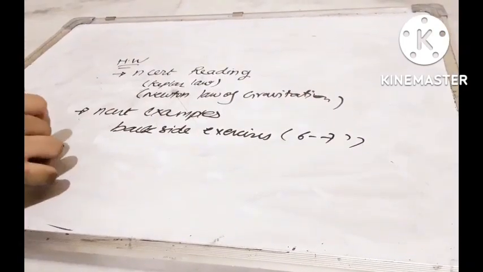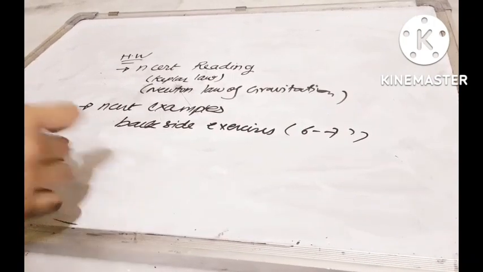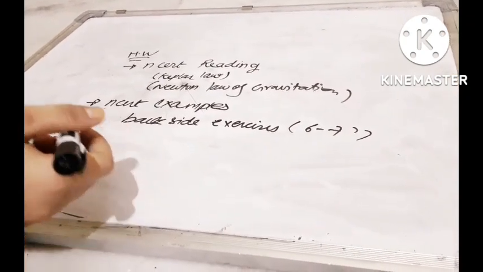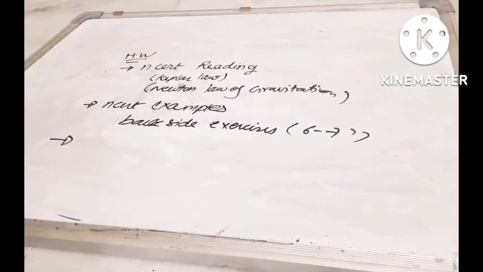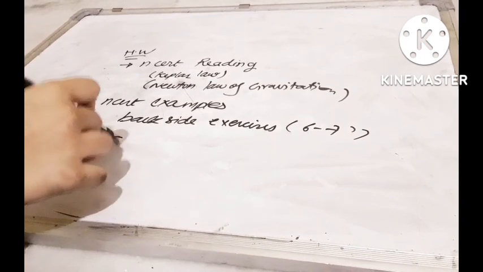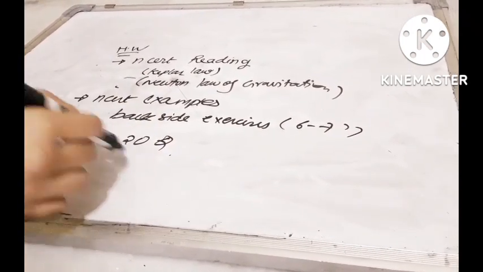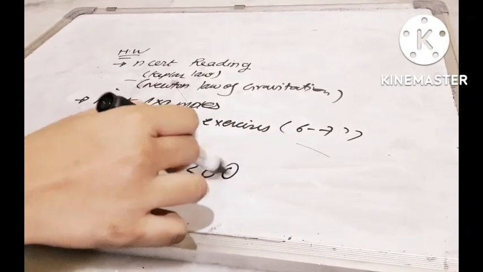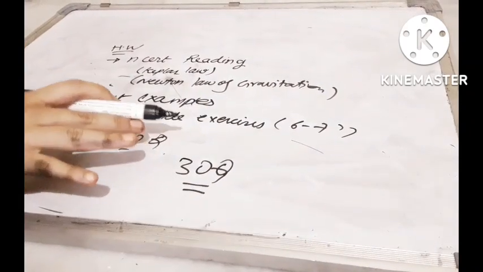And then if you have any module, question bank, or coaching modules, or you can download some PDF from the net, get around 15 to 20 questions on Kepler's law and Newton's law of gravitation. Hardly 30 questions I request you to practice on Kepler's law and Newton's law of gravitation.